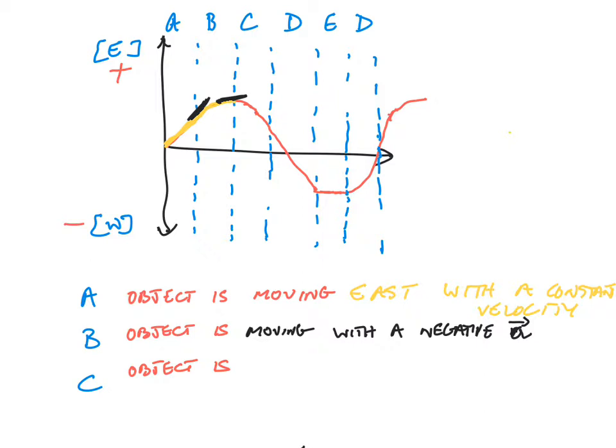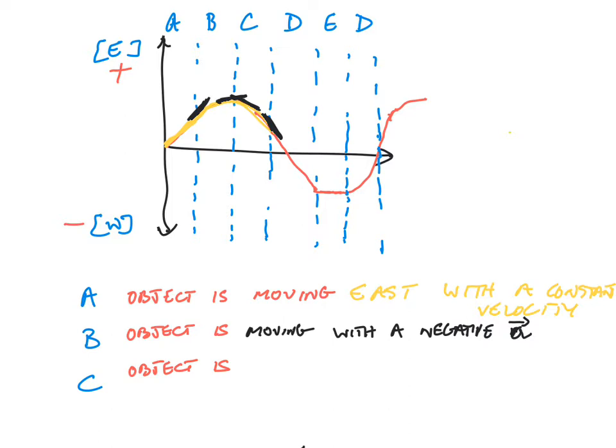In part C, we can see that the object appears to be now accelerating towards the west. If we take the slopes at various points, we can see that the slope at the end of interval C has a much higher magnitude.